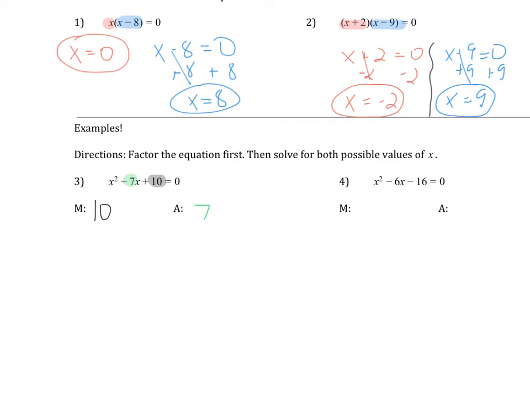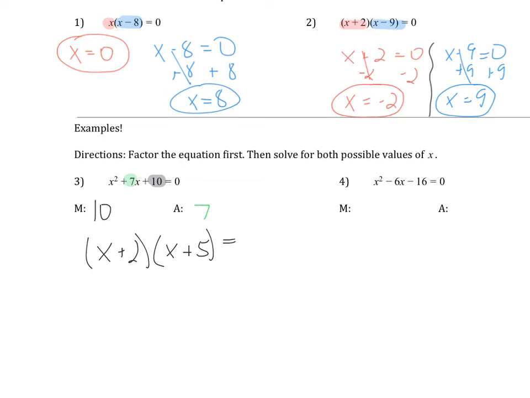Think about that for a second. All right, so hopefully you remember 2 and 5 would be those two numbers that multiply to 10 and add up to 7. So I'd have my factors be x plus 2 times x plus 5.